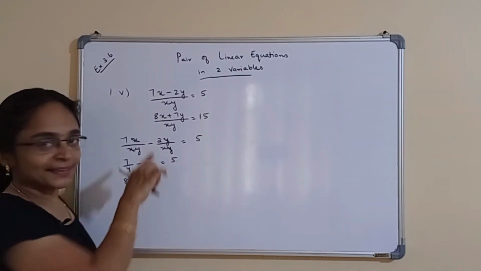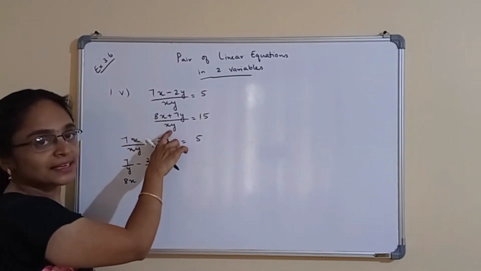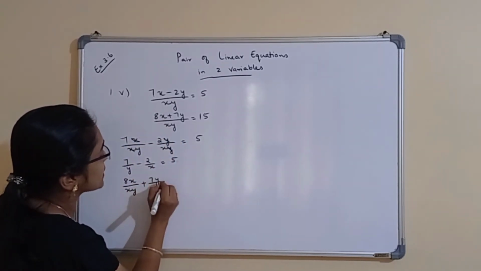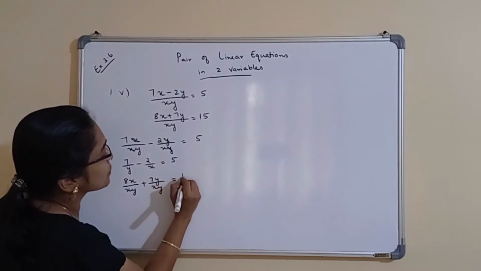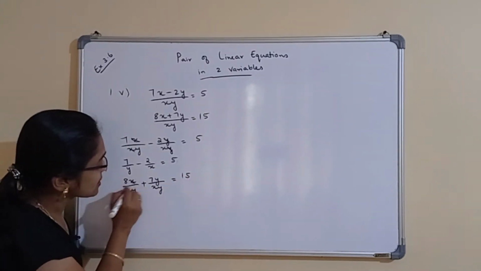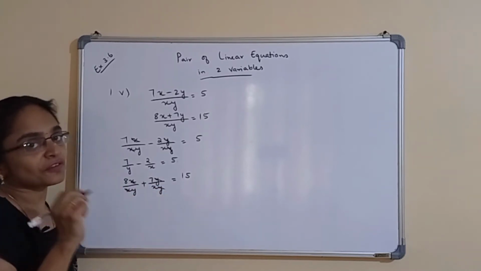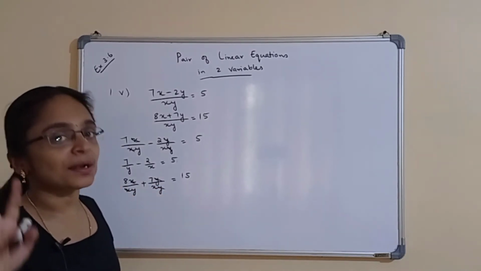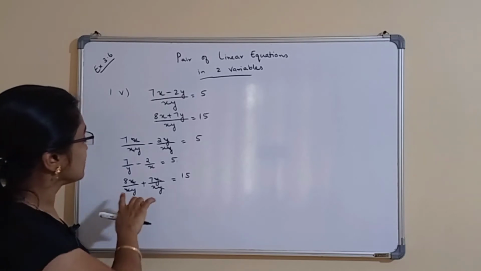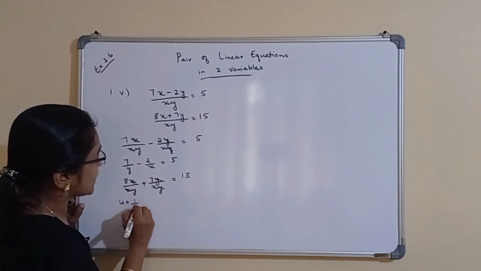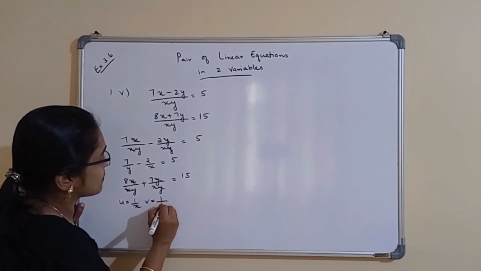Okay. And here also 8x by xy plus 7y by xy is equal to 15, which means 8 by y plus 7 by x is equal to 15. Now we can take 1 by x as u and 1 by y as v. So take u is equal to 1 by x and v is equal to 1 by y.